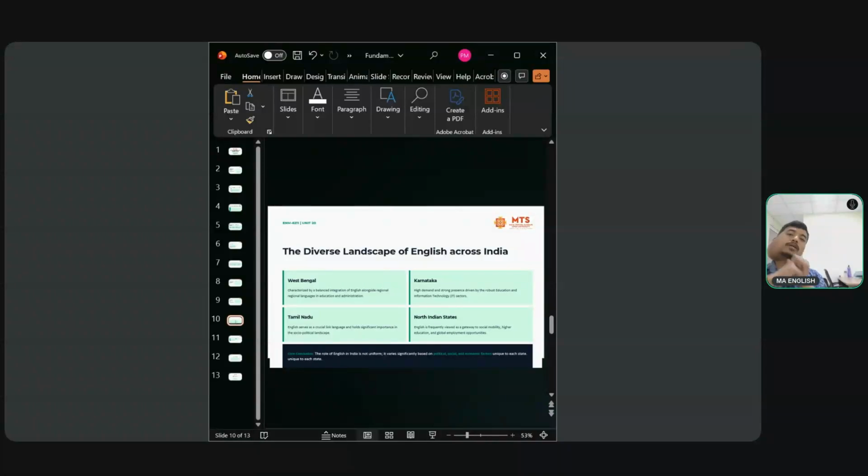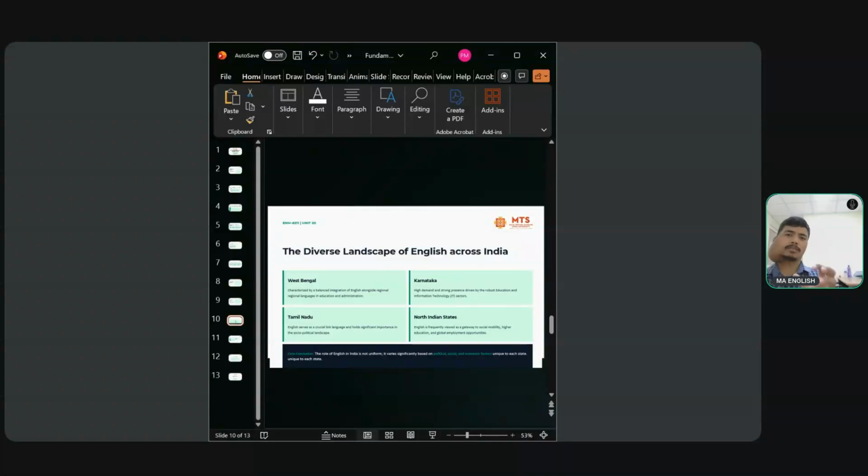Then Tamil Nadu. Here, English has a very interesting and sometimes politically charged role. Tamil Nadu has historically been a state where the imposition of other languages faced strong resistance.